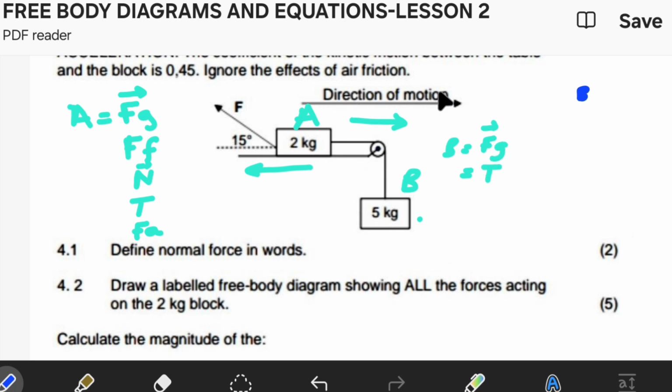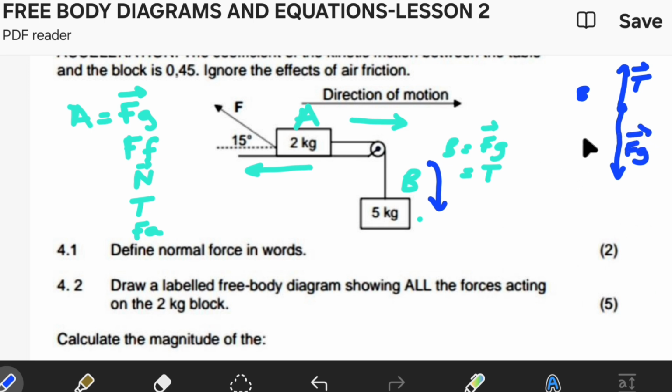Since the objects are going to the right, this object is going down. So we can draw our free body diagram in this manner: Fg, and then also tension. Because this is the object that is in front, the tension will be going backwards on this object.